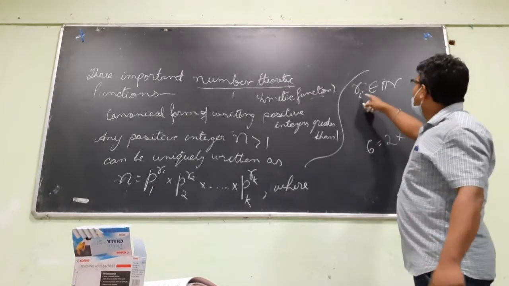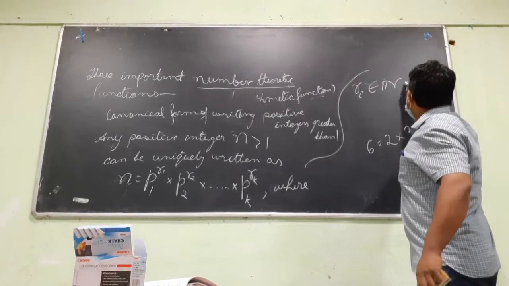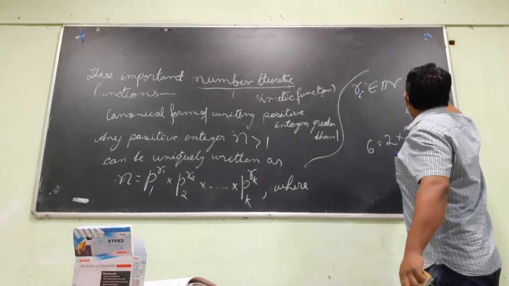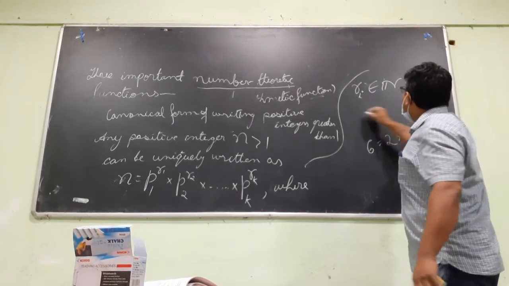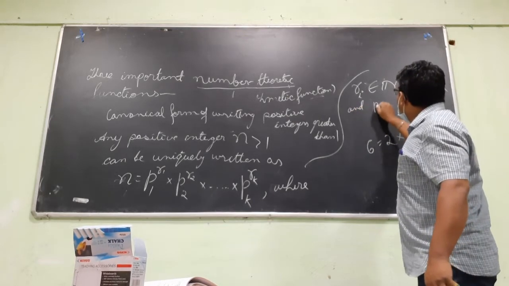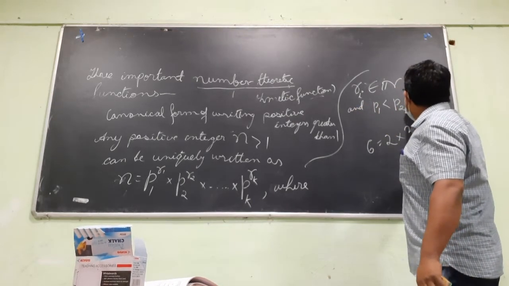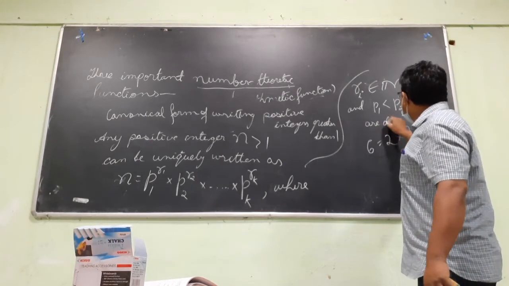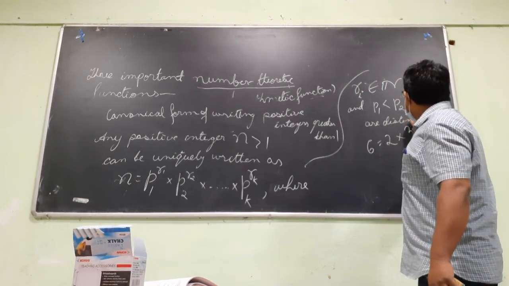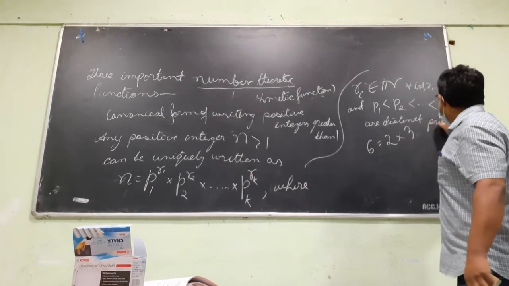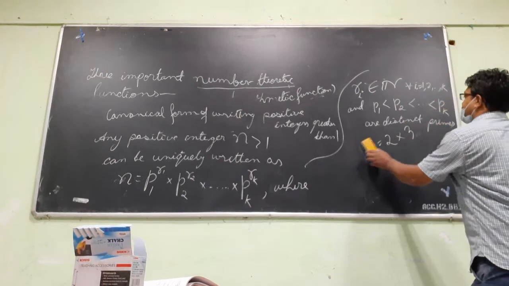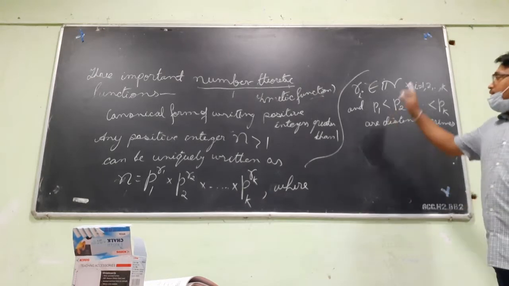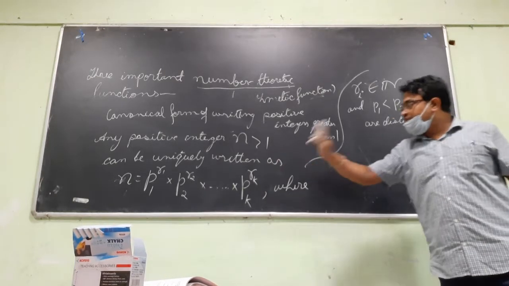So where Ri belongs to natural numbers for all i equal to 1 up to k, and p1 is strictly less than p2 less than pk are distinct primes. Distinct primes means they are unequal. Under these restrictions, this expression is always unique.